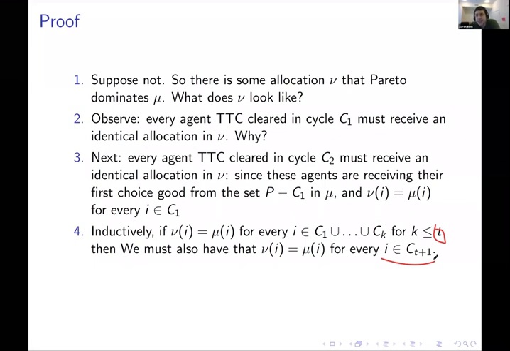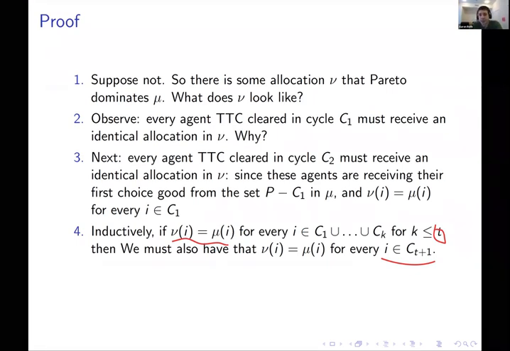And this is for the same reason, right? The people who are cleared at round t+1 of top trading cycles by construction are getting their favorite good amongst everything that remains after the first t rounds have completed. But the inductive hypothesis here is that the allocation has been identical so far for the first t rounds.